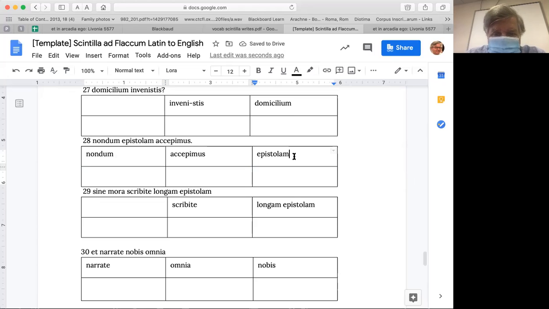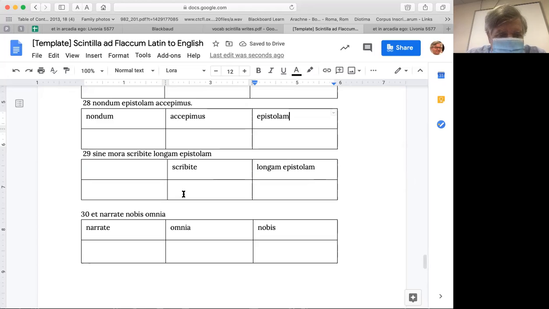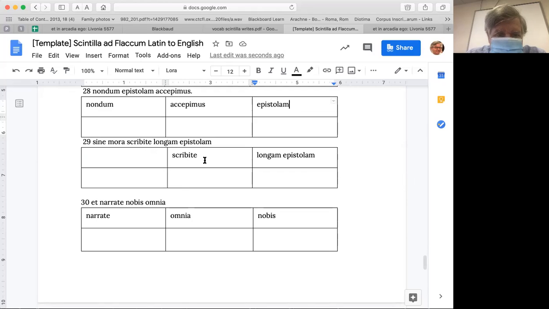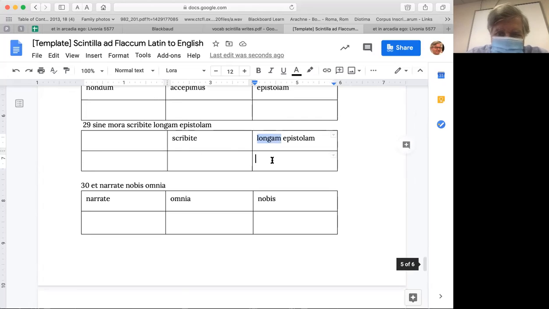Epistolam, an epistle, a letter. Cito mox scribite longam epistolam. Scribite is the command form of write in the plural. Epistolam, same word as we had here, longam, but it's not a short one. The opposite of longam would be brevem, short.